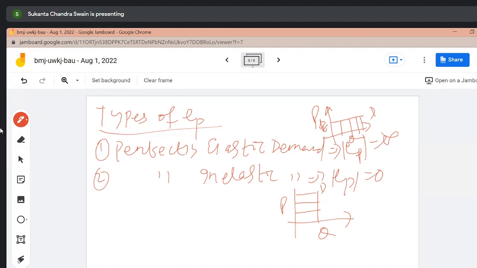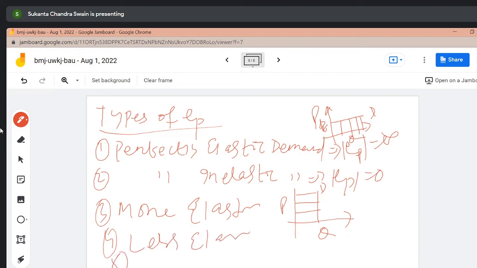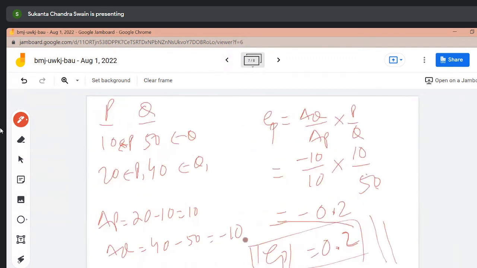Okay, so we don't have time now. There are three more things: more elastic, less elastic, and unitary elastic. In the next class, we will discuss these three. Then we will come back to this interpretation part. Just note it.